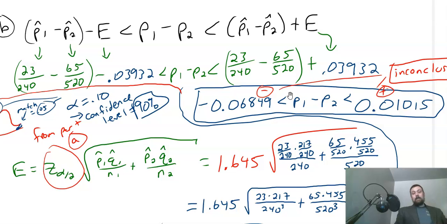Again, just like the last example, our estimate ranges from negative differences to positive differences, which means this is the inconclusive case because if the difference is in fact negative, which is a possibility, P1 would be less than P2 for that to be negative. If the difference is positive, which is also a possibility according to our estimate, then P1 would actually be bigger than P2 for that difference to be positive. And 0 is also a possibility here, which means P1 could also possibly equal P2.